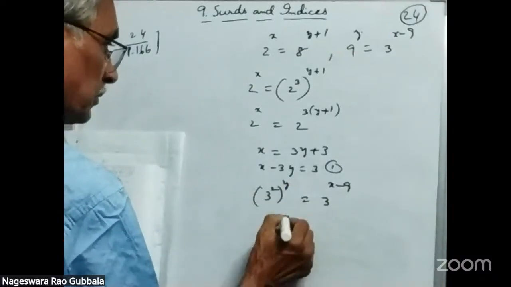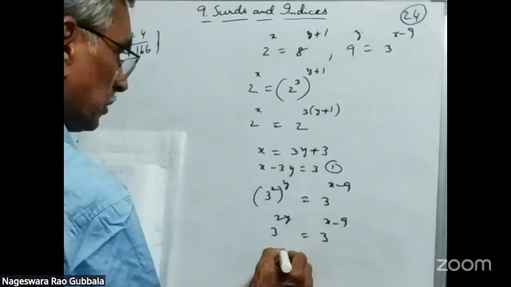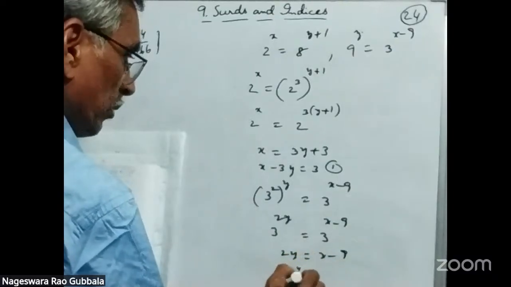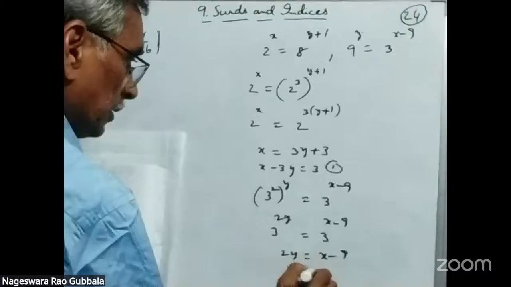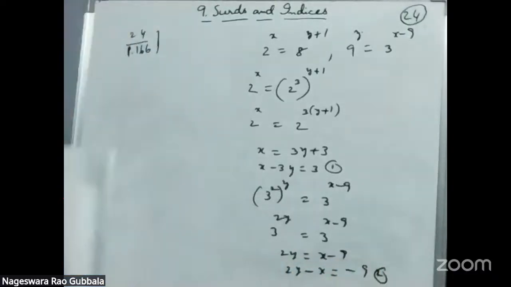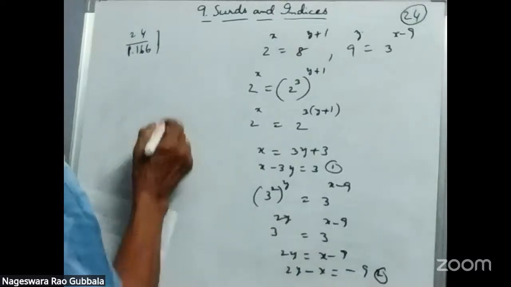Compare indices: 2y is equal to x minus 9, so 2y minus x is equal to minus 9. Second relation, second equation. Now adding these two, plus x minus x goes.